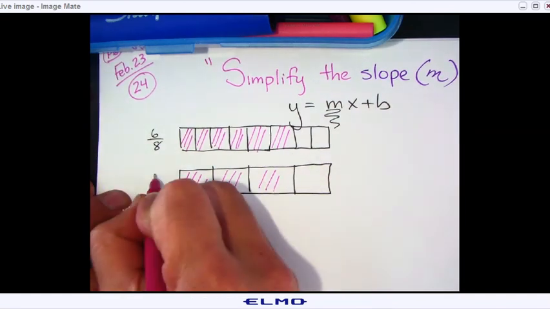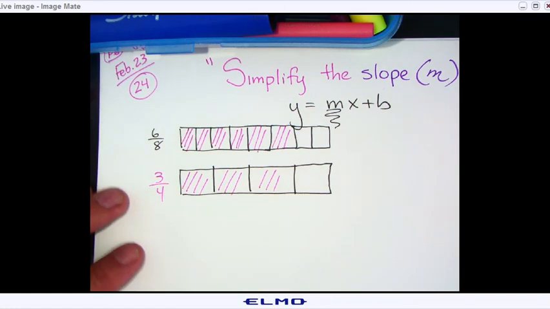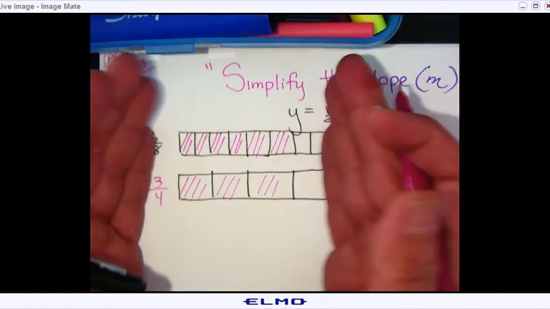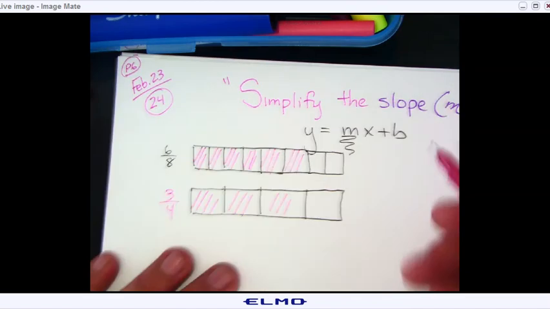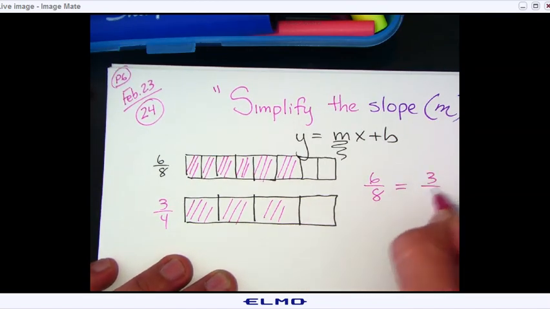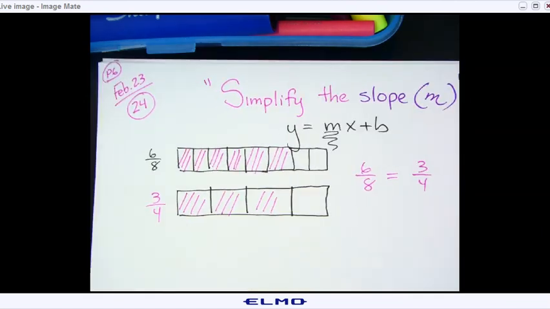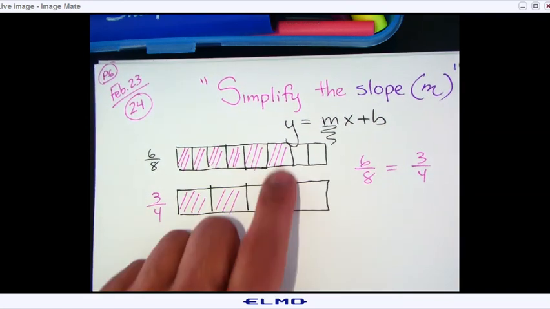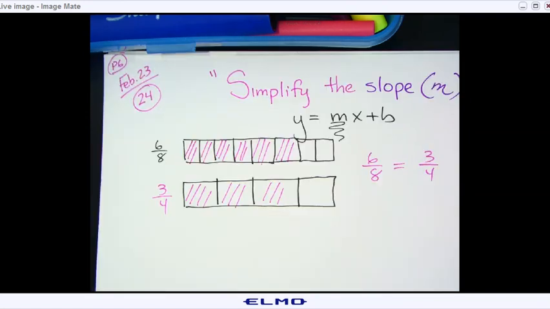Now here you have 3 out of 4. So these two are equivalent. So 6/8 is equal to 3/4. Okay, and this is what you learn like in 4th grade, 5th grade, maybe 6th grade. All right, 6/8 is equal to 3/4.